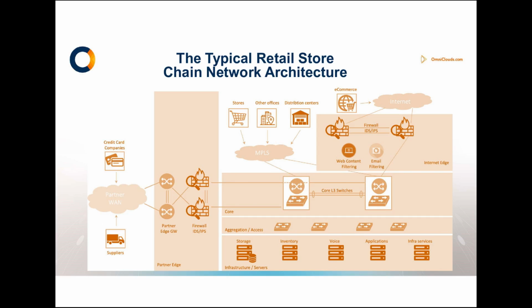As you see on this slide, the first layer is the infrastructure server layer, which has voice applications, inventory, and infrastructure as a service. All of these need to be aggregated on an aggregation access layer, which takes us to the second layer.